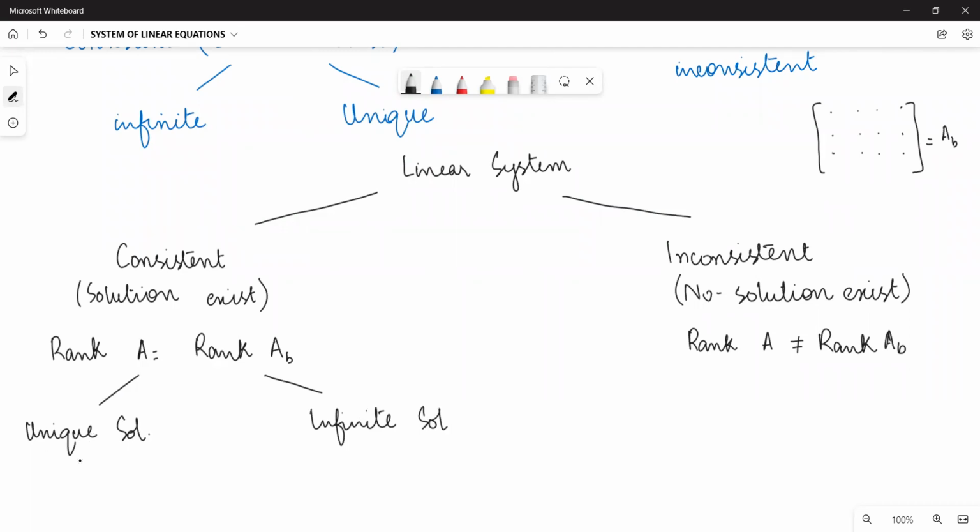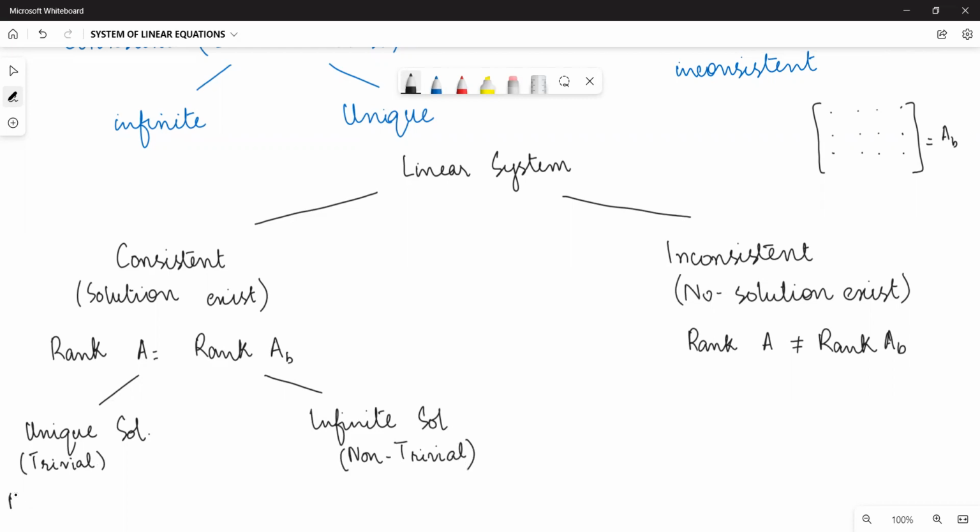If the unique solution is 0, meaning the unknown variables have the answer 0, then this is a trivial solution. If it is infinite, then it is a non-trivial solution. When is it unique and when is it infinite?